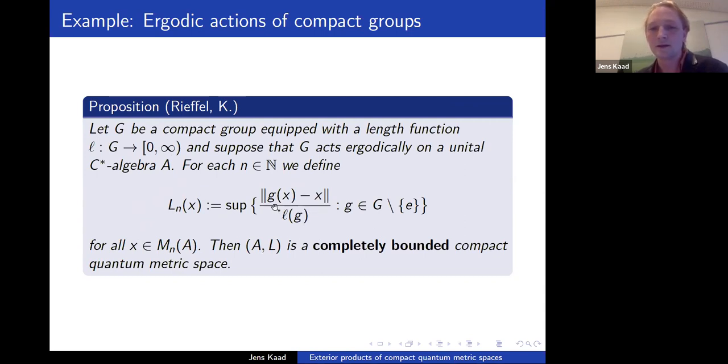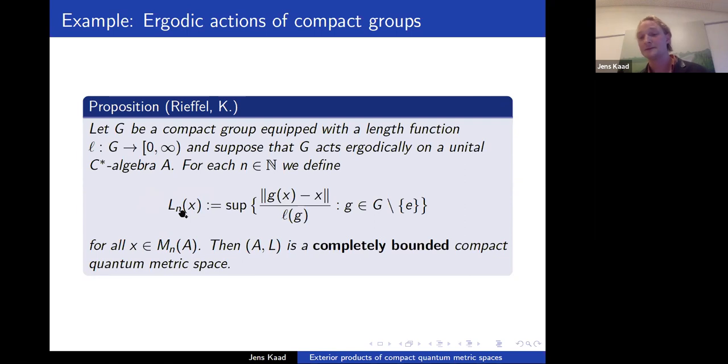So I look at a supremum over all elements in my group except for the unit. And I take the supremum of the distance between the action of g on x minus x, divided by the length of g, which is the distance from g to the unit. And this is my seminorm in each degree.